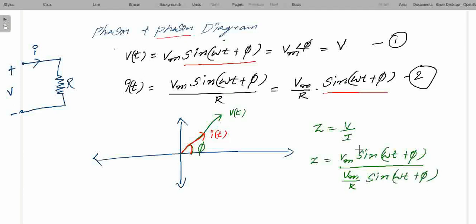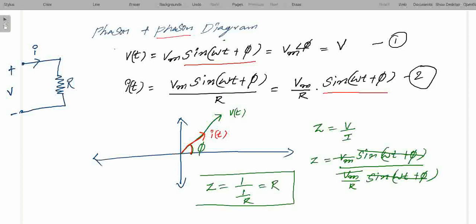So Vm gets cancelled, and you will get Z is equal to R. So for a purely resistive network, the impedance is equal to resistance. This is about Z is equal to R if it is a purely resistive network.